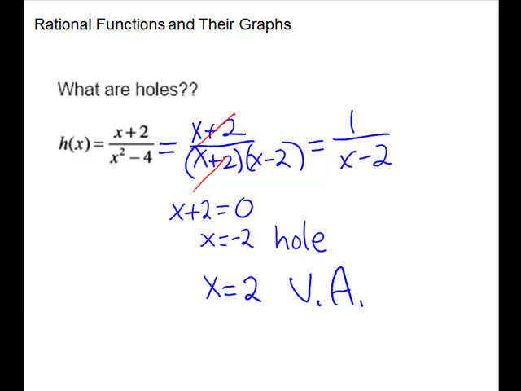If you want to know where this hole is at x equals negative 2, plug that into your piece that's left, and so it would be 1 over negative 4. So at negative 2, negative 1/4 is the location of this hole, or this open circle in your graph.